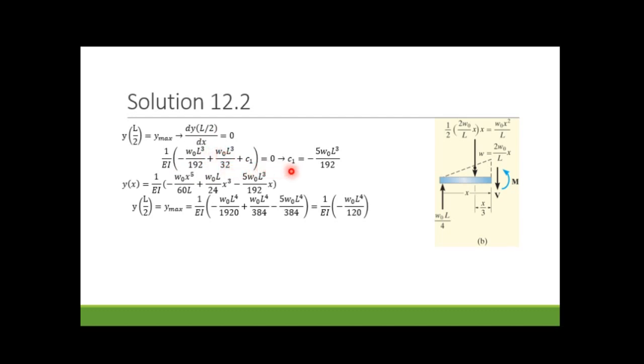I can obtain the C1 like that, so I can find y(x), and also I said the y max is at the middle of the beam. If I put L over 2 instead of x, I obtain that y max is equal to 1 over EI times minus omega 0 L to the fourth divided by 120.